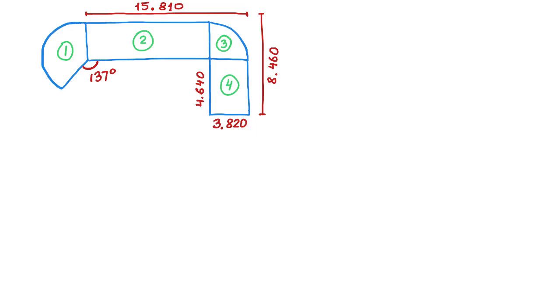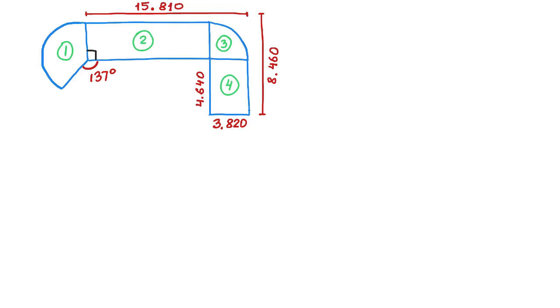To find the area of the sector, we need to know the angle and the radius. First, let's find the angle. We see there is an angle of 137 degrees, but that angle is not the angle that belongs to the sector. We also see a 90-degree angle that is part of the rectangle of region 2.